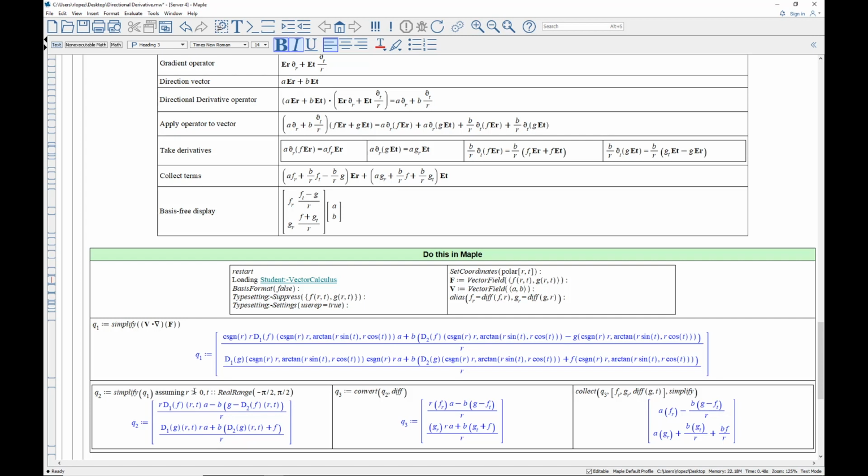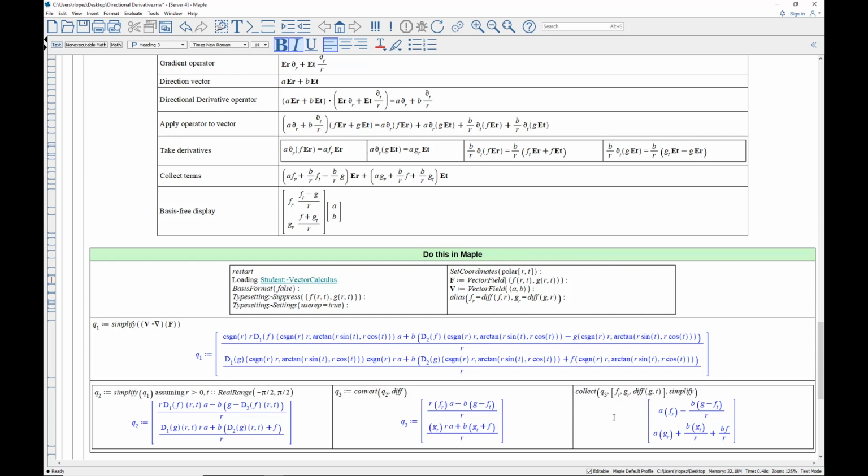Assume r greater than 0 and theta in the real range keeps everything positive, so it looks a little bit more compact. If you change the d operator to diff, then the typesetting command will set the partial derivative as a subscript. That's even easier to read.